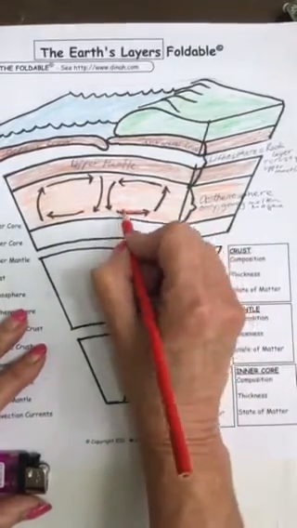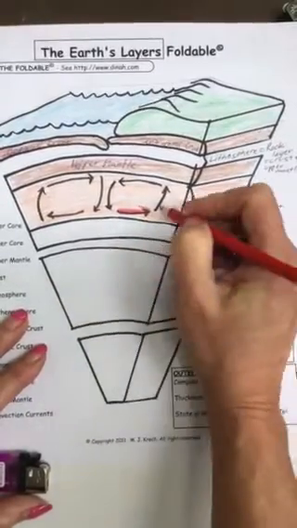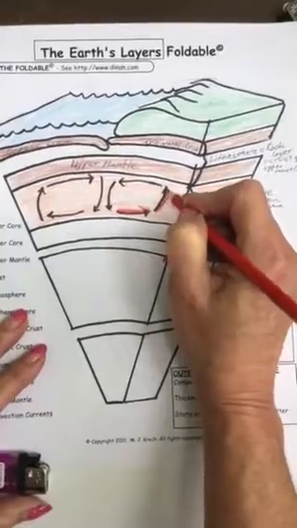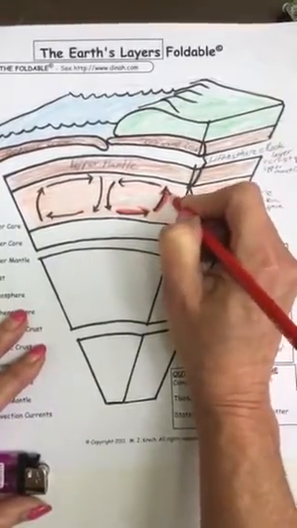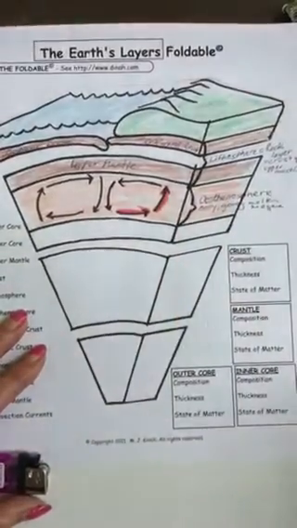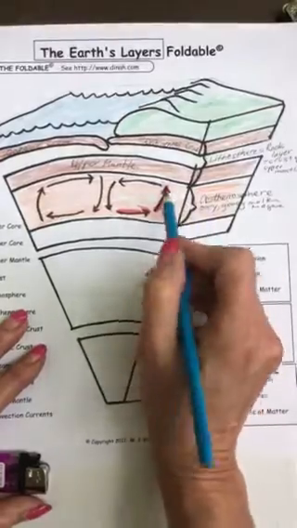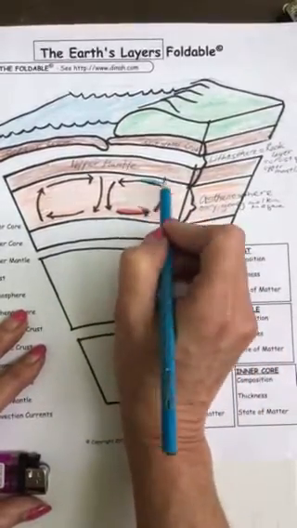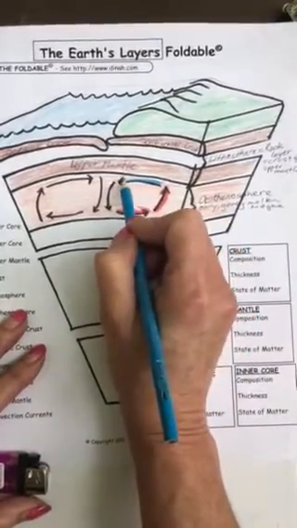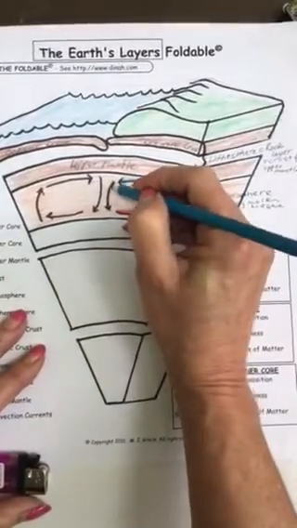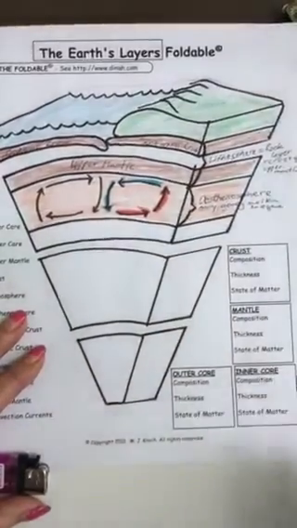So the warmest part would be here, and this stuff is going to rise as this molten magma rises towards the upper portion of the asthenosphere. It cools because it's cooler here, hotter here. So it starts to cool and then it sinks again because cool materials are more dense.